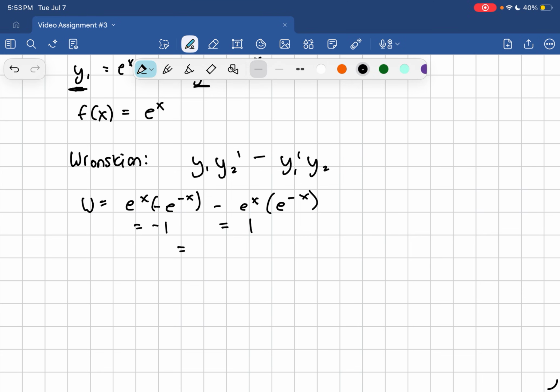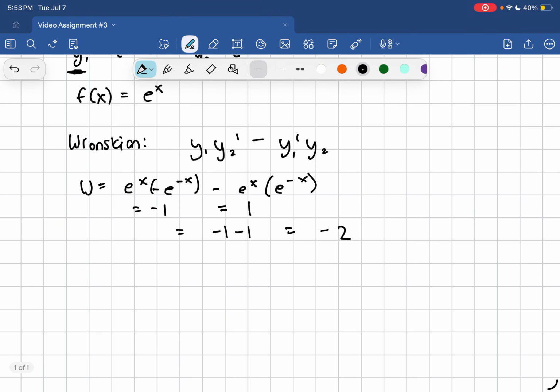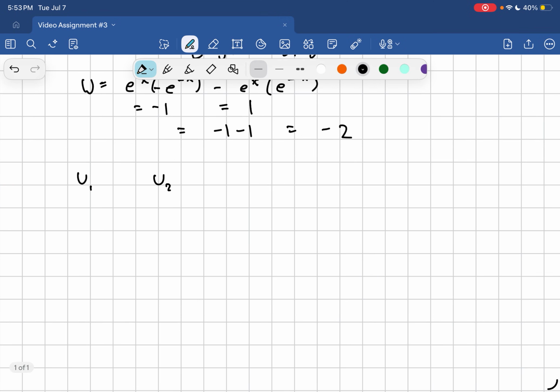So this whole thing is equal to -1 minus 1, which is equal to -2. So that's what our Wronskian is. Then from there, we want to find parameters u1 and u2 using the integral formula.